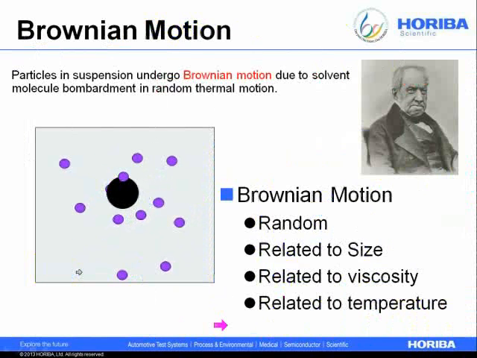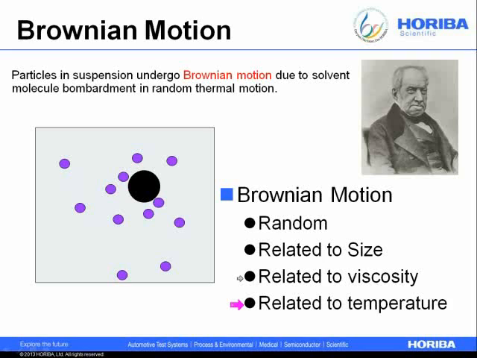So one key thing to keep in mind is that particles in suspension undergo Brownian motion due to solvent molecule bombardment. And really, a dynamic light scattering measurement is a measurement of this Brownian motion. That motion is random. It's related to particle size. Small particles move more readily than large particles. Related to viscosity, and related to temperature.